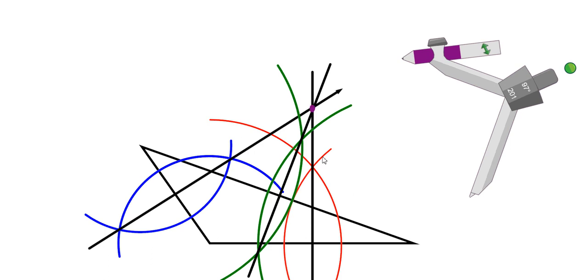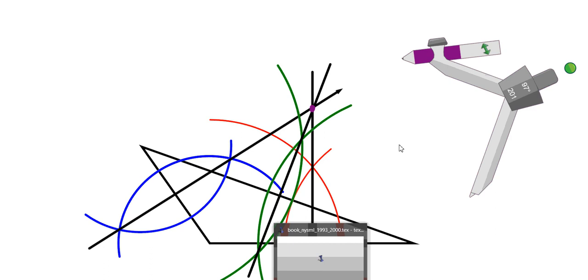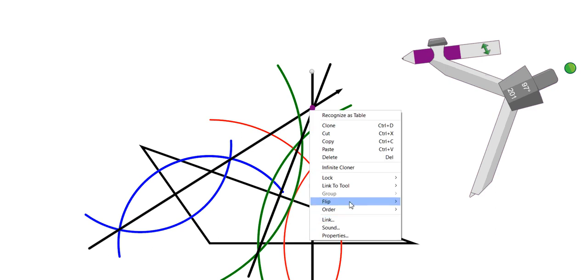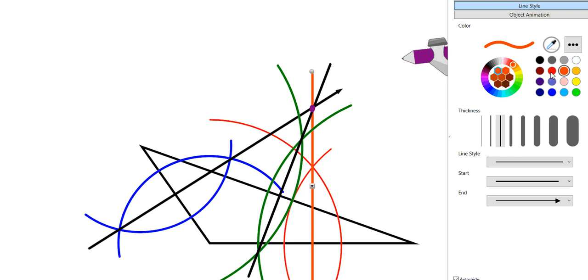Well, what do we know about all the points on this perpendicular bisector? Because this perpendicular bisector came from this segment here. All of the points, here, let's make this red just to make it more obvious what's going on. All the points on this red segment are just as far from this vertex as they are from that vertex.